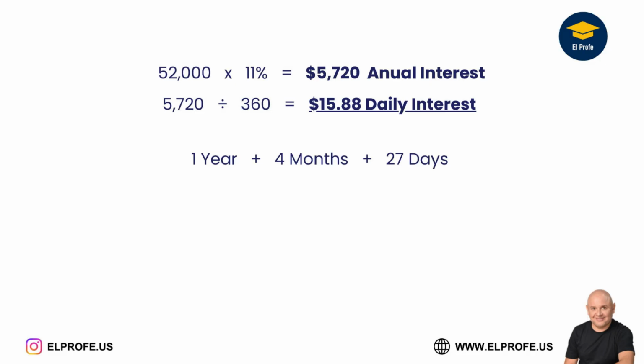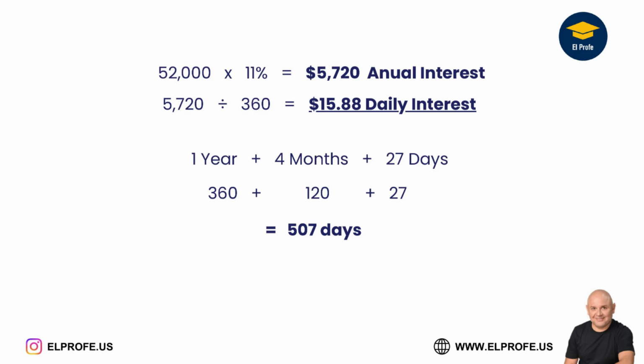Now, I have to calculate the interest accumulated over 1 year, plus 4 months, plus 27 days. I need to convert everything to days. How many days is 1 year according to this problem? 360. How many days are 4 months based on the 360-day year? That will be 120 days. So 120 plus 27. So that gives me 507 days.